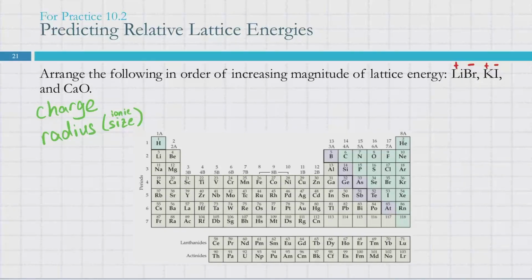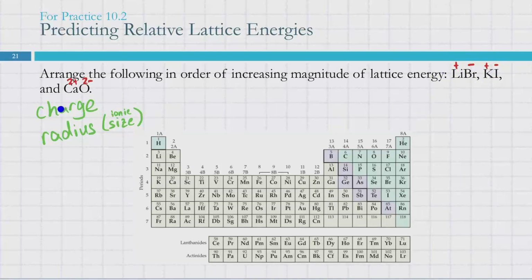Also positive and negative. What about CaO? 2 plus, 2 minus. So one of the obvious differences, hopefully an obvious difference, calcium oxide has 2 plus, 2 minus. The other ones have plus, minus, plus, minus. So these two are the same. There's got to be a different way to distinguish those.